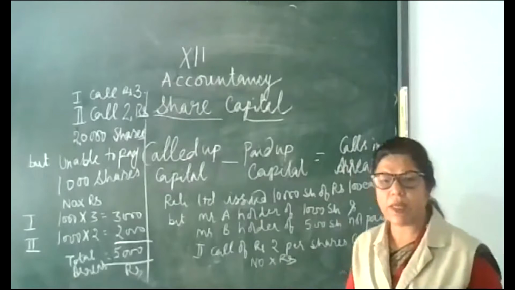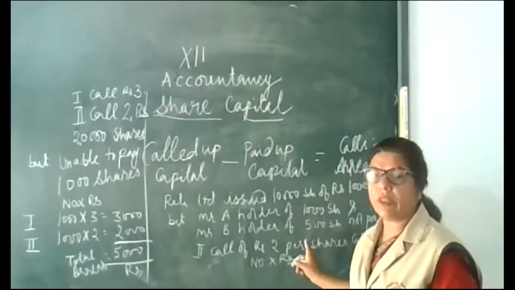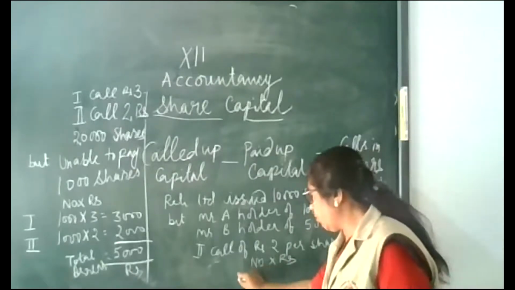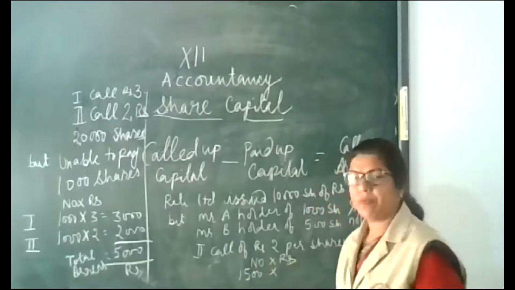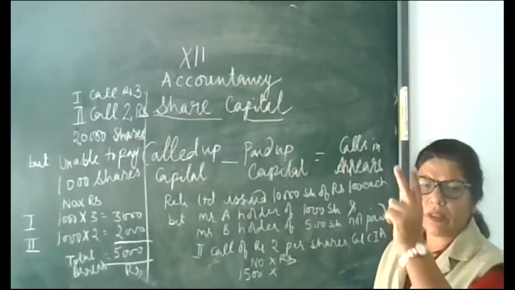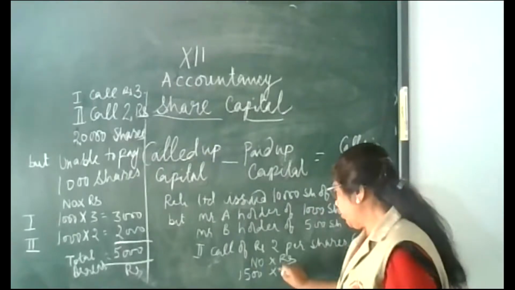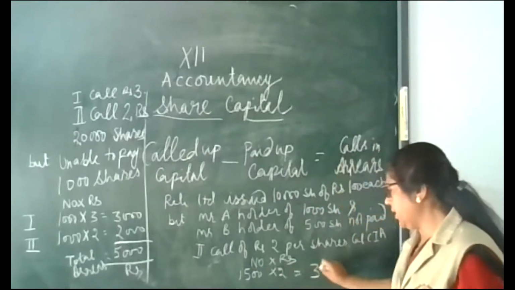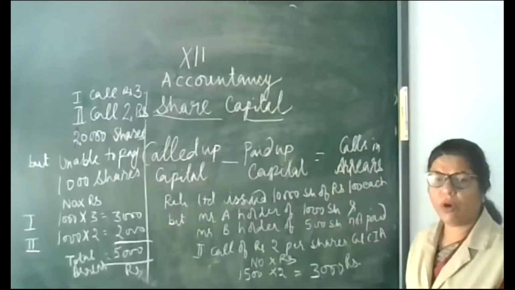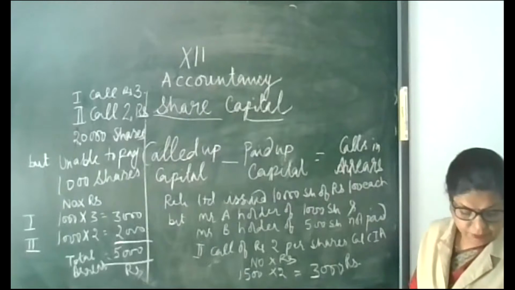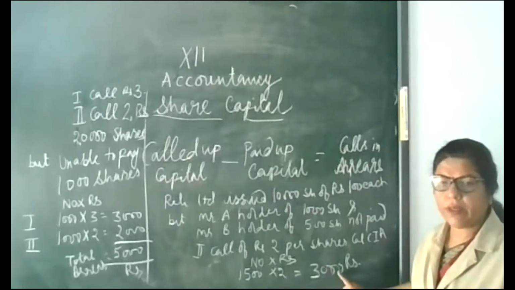How many shares are there? 1,500. Total is 1,500 into 2 rupees. Answer is 3,000 will be the total arrears.